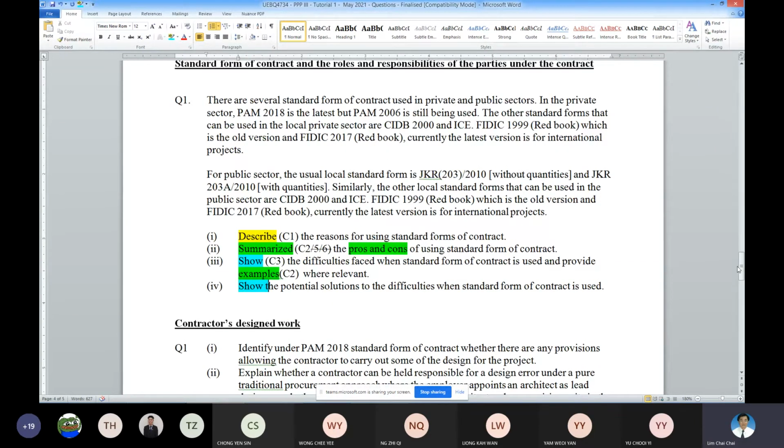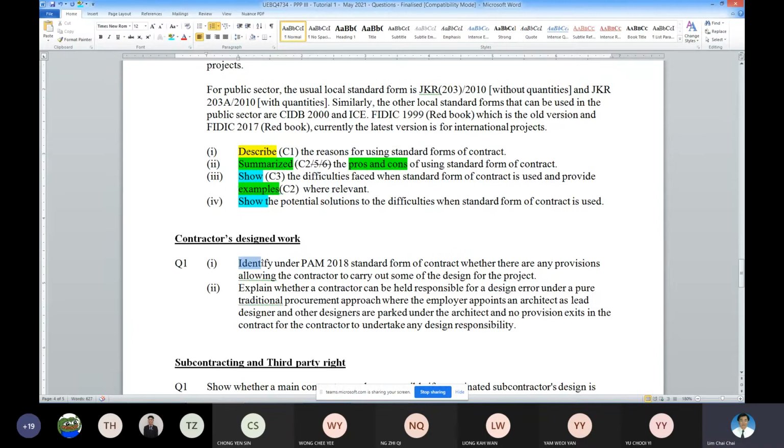Identify is yellow color. It's a C1. Explain can be C2, 5, and 6, so it is green. And then here, any other things? Explain whether the employer could be responsible or not. So the verb could be C2, 5, and 6. With this sentence here, more often than not, the level could be higher than C2.